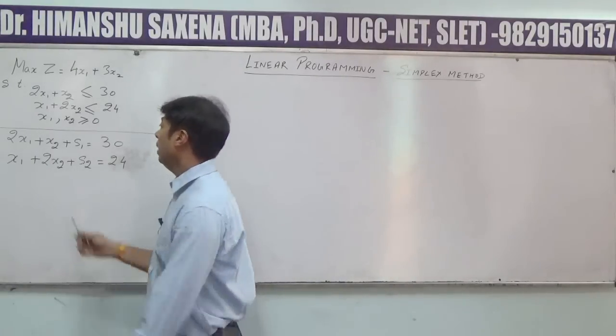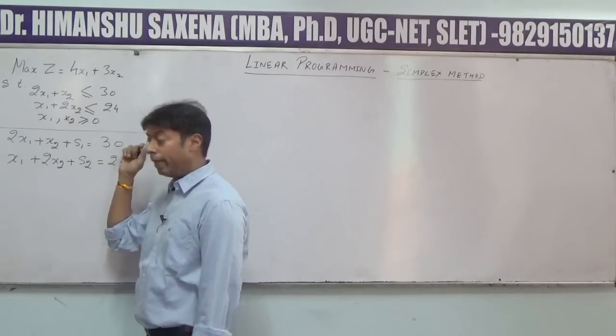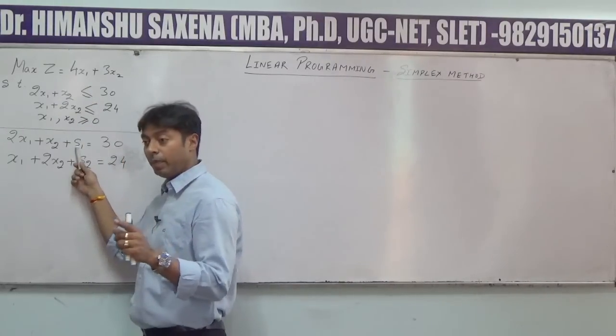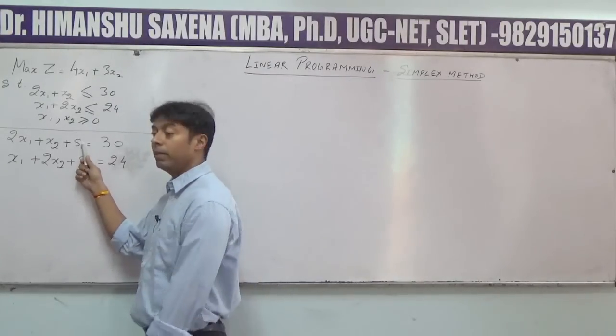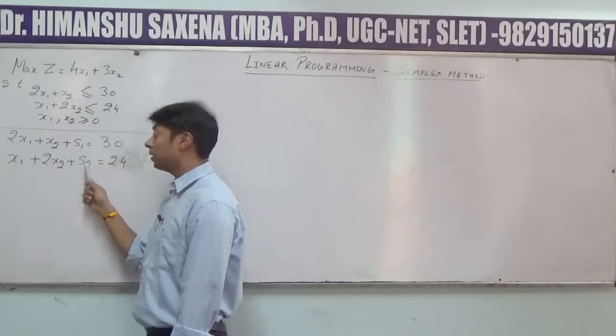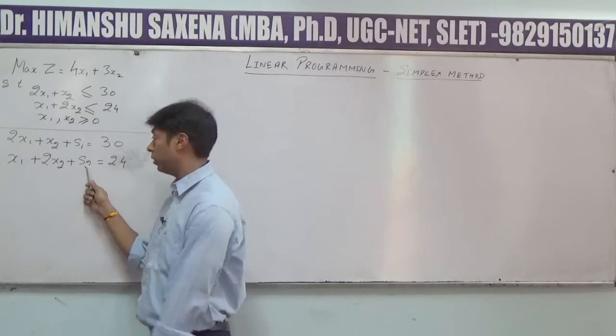So the first step is removal of these inequality signs by adding slack variables. The spelling is S-L-A-C-K: slack variable S1 in the first equation and slack variable S2 in the second equation.